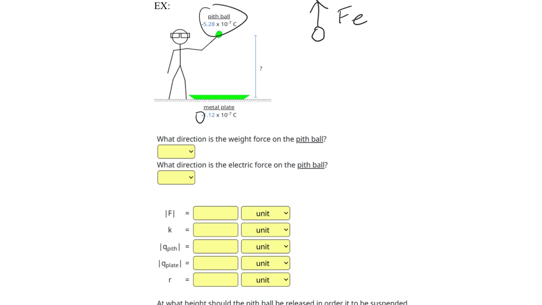But the weight of the ball is mg. The weight of the ball keeps it from continuing to move upwards. So these two forces are equal, so the thing is in equilibrium. So what direction is the weight force? Down, of course. What direction is the electric force? Up. Because negative is repelled by negative.